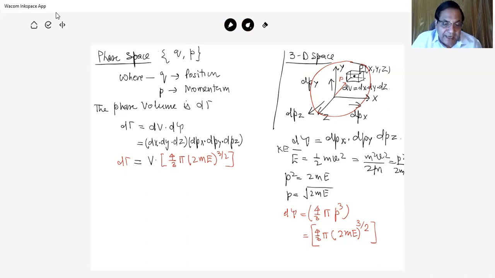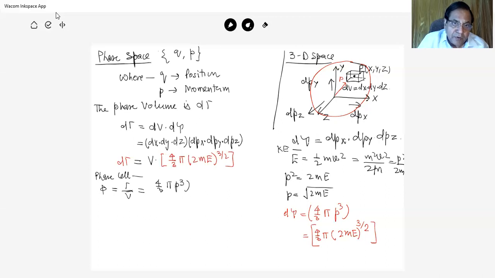Now, if we have the phase space Γ, this phase cell φ is this Γ by volume V. So this is 4/3 π p cube into V volume, and here this one is h cube.